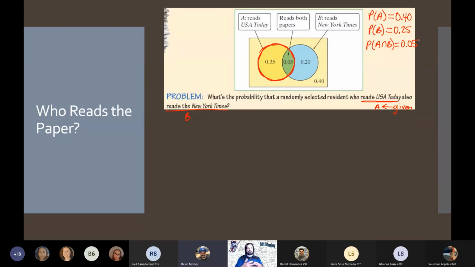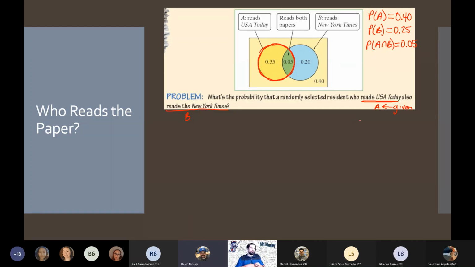Do you guys see how we have to make a small adjustment here to account for the proper proportions? You guys understand why I'm adding the 0.05 back into both of those? I hope so. All right.